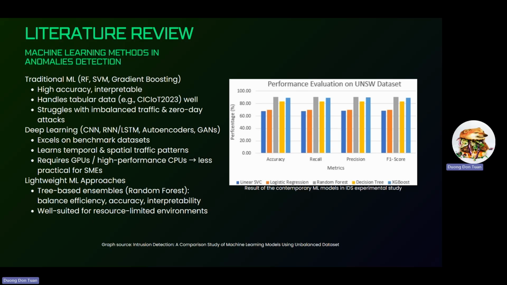The drawback is that they require high-performance hardware, which makes them quite impractical for small-medium businesses. For resource-limited environments, lightweight methods like tree-based ensembles, especially random forests, strike the right balance. They are efficient, accurate, and interpretable, which is well suited for those with limited budgets and standard infrastructure.